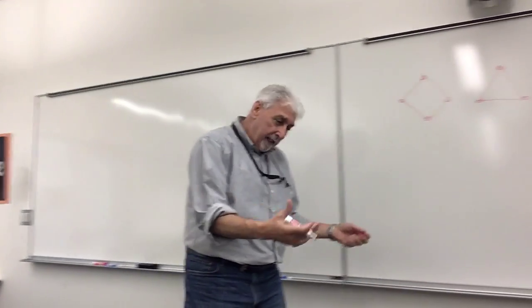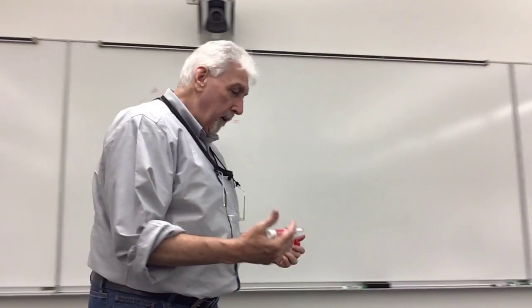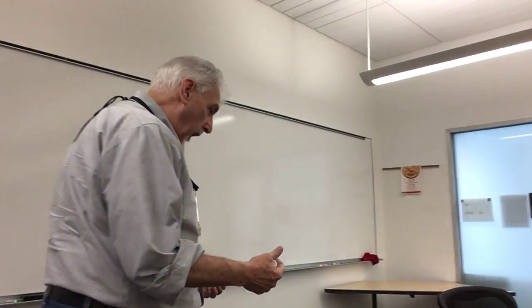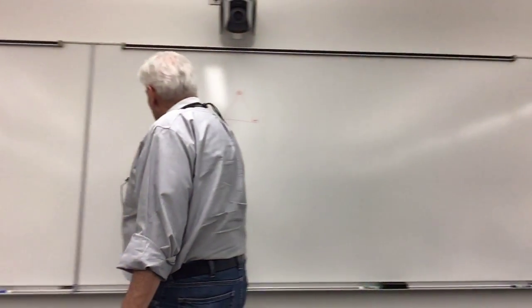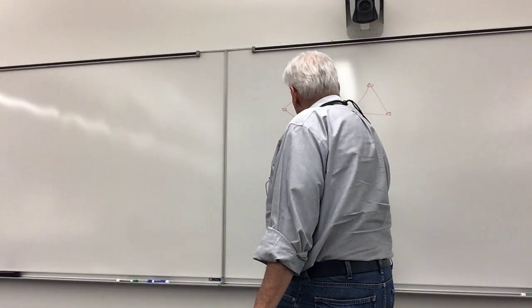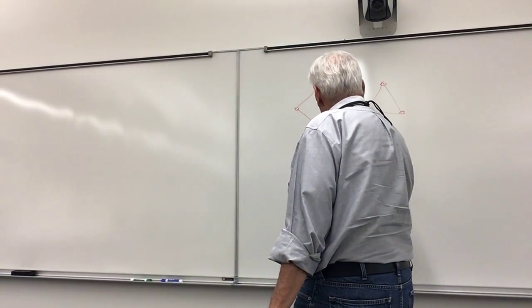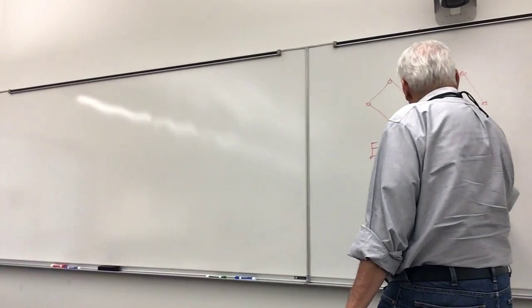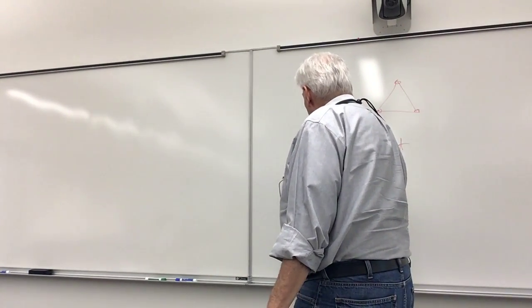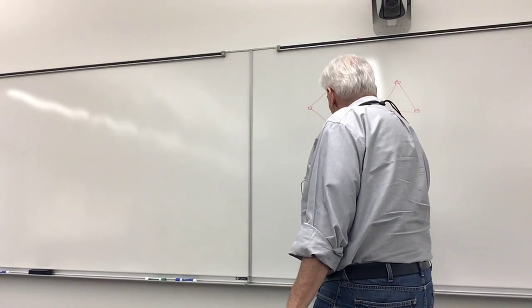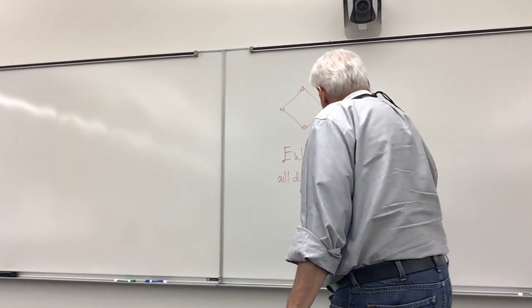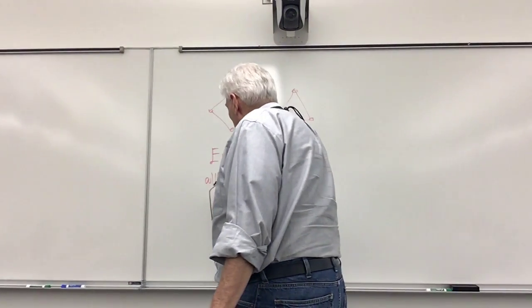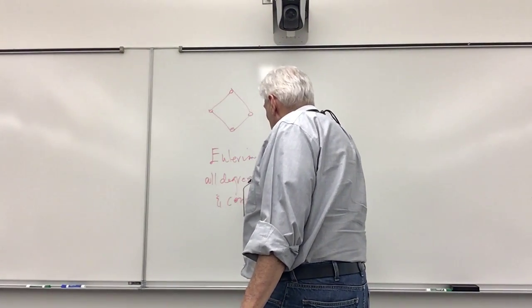So this is the condition that a lot of people forget about because it's just so obvious. The graph must be connected. So a graph contains an Eulerian circuit if all degrees are even and the graph is connected.